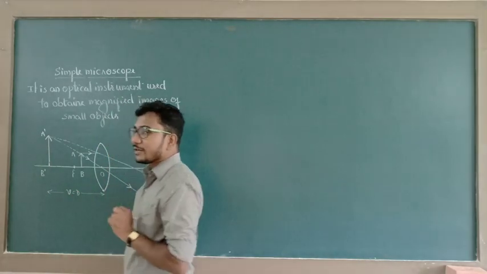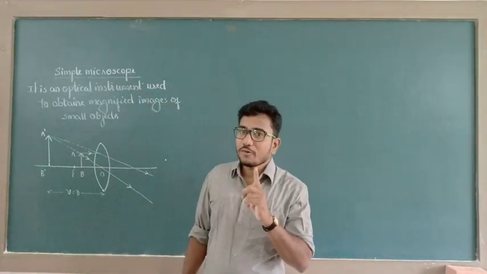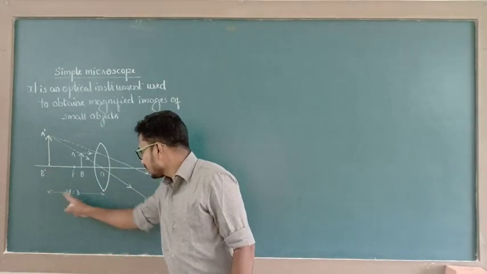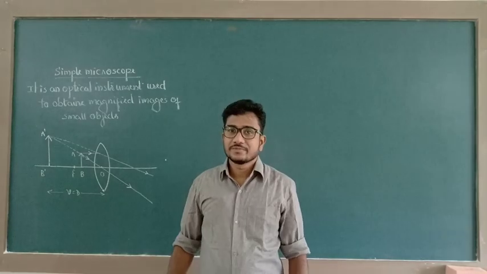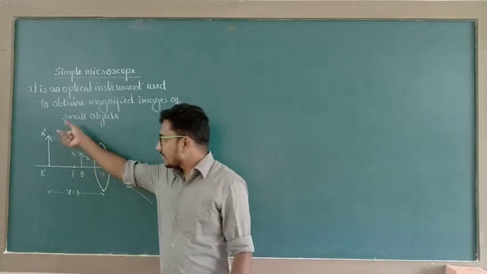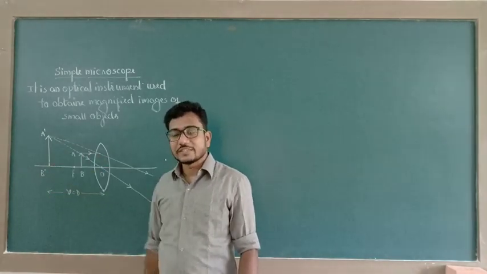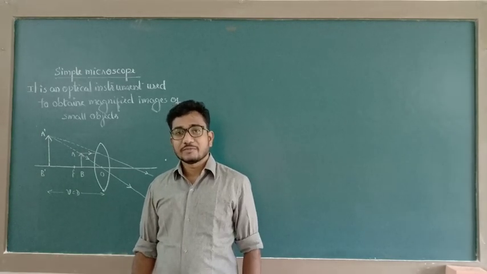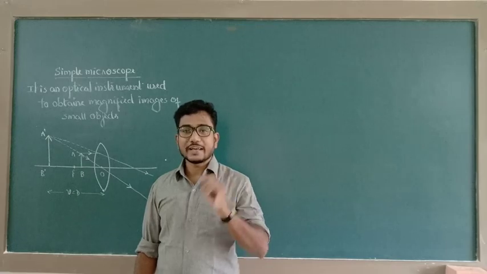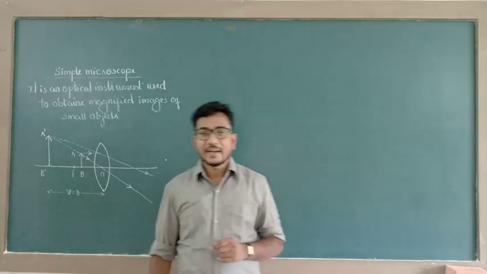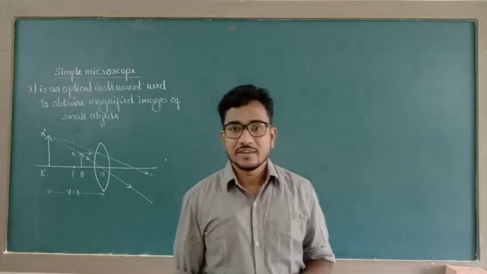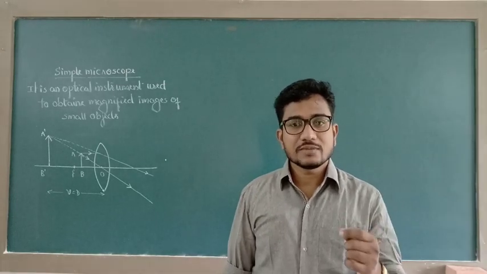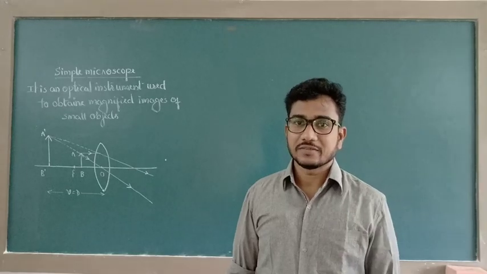That gives the angle made by the object when the object lies at 25 centimeter, because this distance is 25 centimeter. And already we have considered this image is at 25 centimeter. Now both are at the same distance. Now easily we can say the angle made by the image is greater than the angle made by the object. So this is nothing but angular magnification.